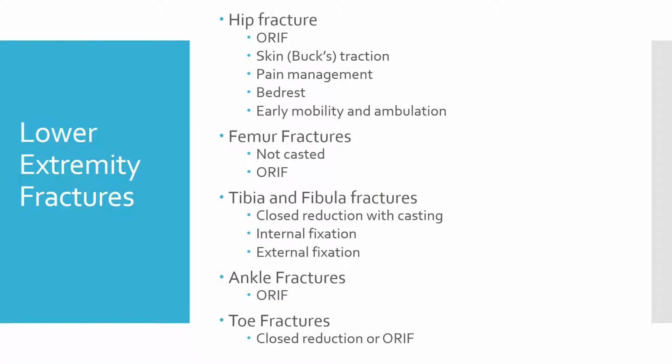Alright, lower extremity fractures, including hip fracture, femur fractures, tibia and fibula fractures, ankle fractures, and toe fractures. So hip fracture is the most common lower extremity fracture of elderly.